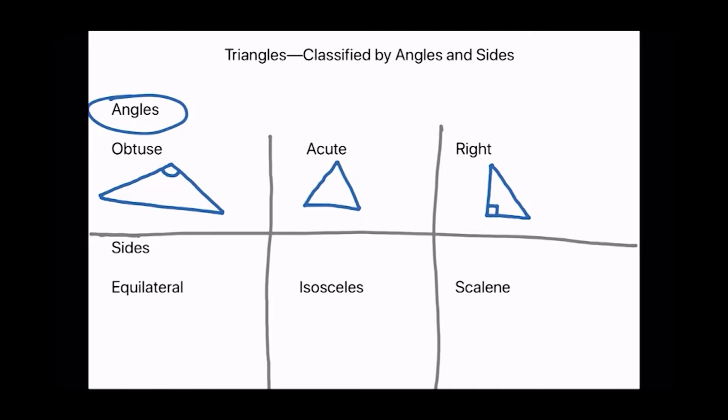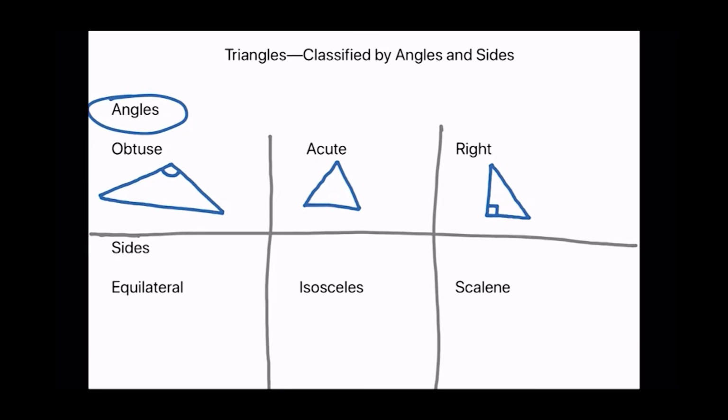That little square in the corner means that is a right angle, meaning it has that perfect L shape. So these are the three ways that you can classify a triangle based on its angles. If it has one obtuse angle, it's an obtuse triangle. If it's an acute triangle, it will have three acute angles. And if it's a right triangle, it will have one right angle.